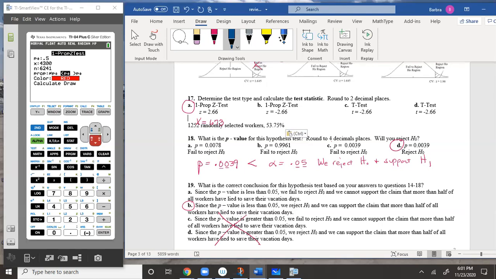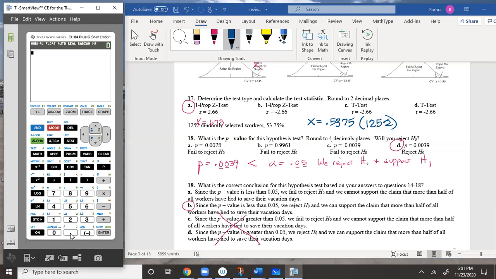To find X, we take 53.75%, or 0.5375, of 1252 and put that in your calculator. And we get 672.95, which rounds to 673.